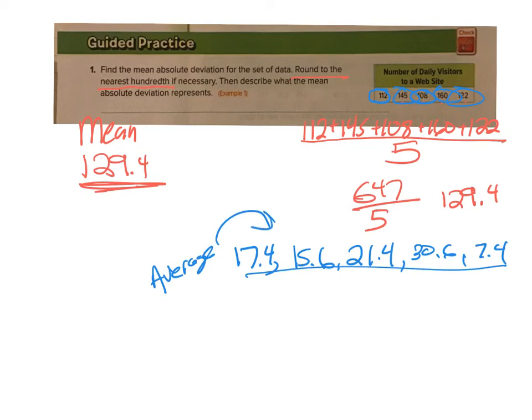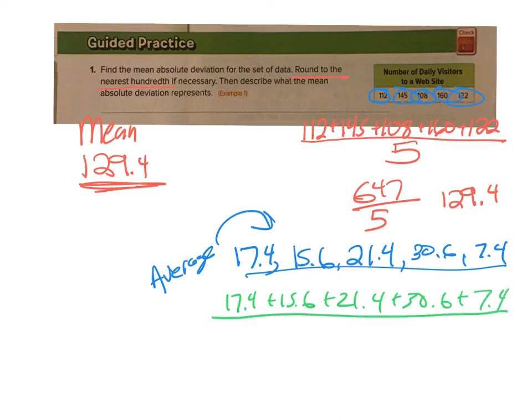And the way you do that is you add them all up. 17.4 plus 15.6 plus 21.4 plus 30.6 plus 7.4. And then to get the average, you divide those by 1, 2, 3, 4, 5.